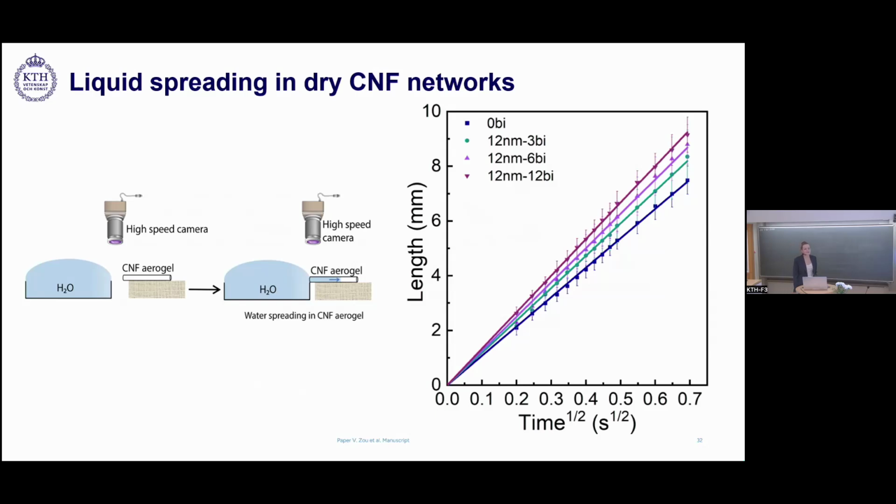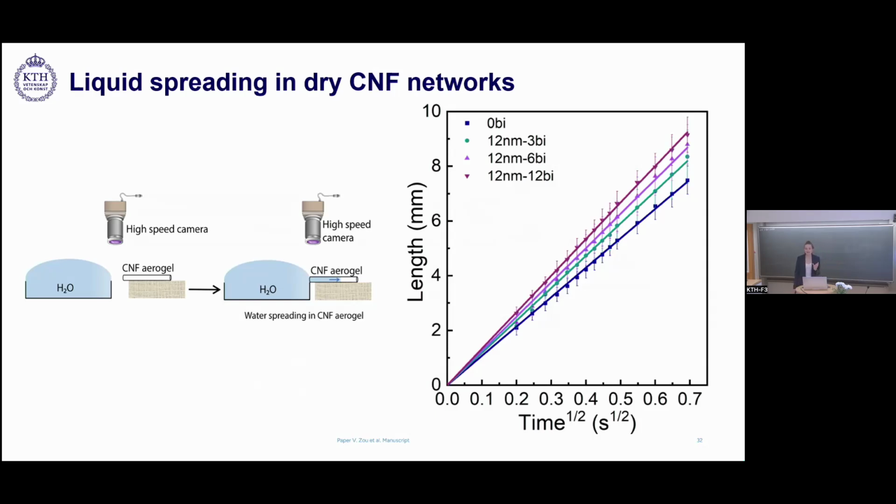So we were interested in seeing how the particle modification influences the liquid spreading of the CNF network structure. To test this, we developed a method which allowed us to prepare tubular-shaped CNF aerogels, which we could gently move towards the water reservoir.